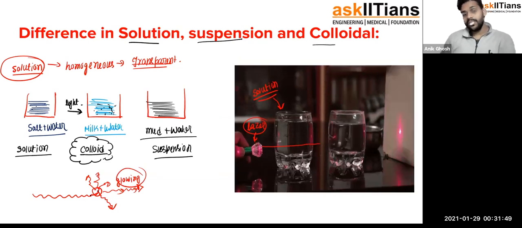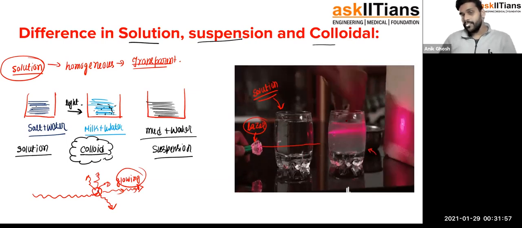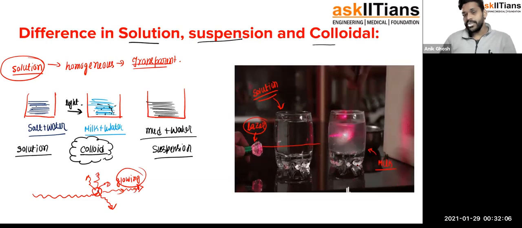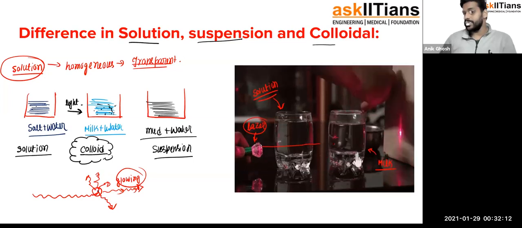Now, this is what happens. You can see this picture over here. What is happening here? At first, it was a normal solution like this. Now he is mixing some milk with it. And after that, he's just mixing it. Then what is happening? You can see the pathway of the laser is visible there, isn't it? So just look at it again.